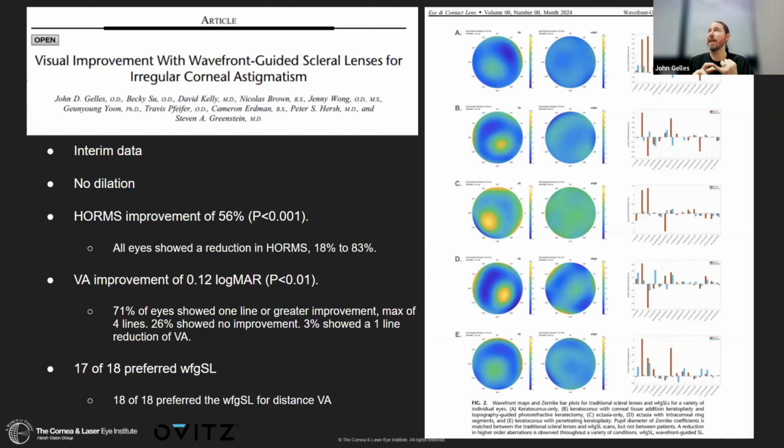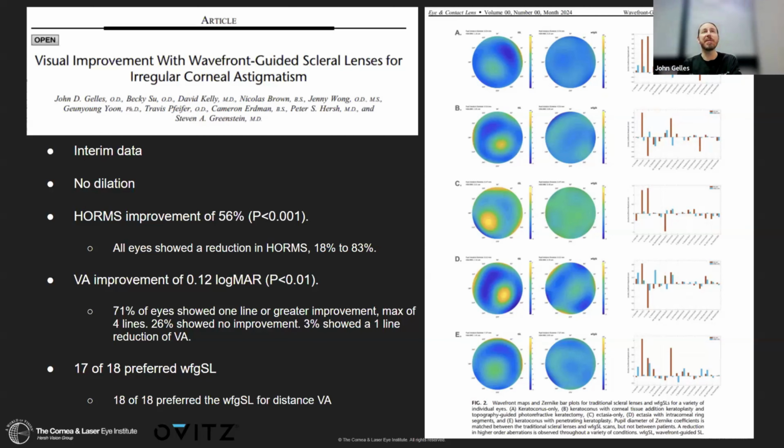So we allowed eyes that had some corneal scarring. We allowed eyes that had some cataract into this. The only time that we eliminated patients was if it was such a level that it was surgical, right? So they needed cataract surgery or they needed a PK. So for these individuals, this was really impactful data. Everybody improved in their aberrations.